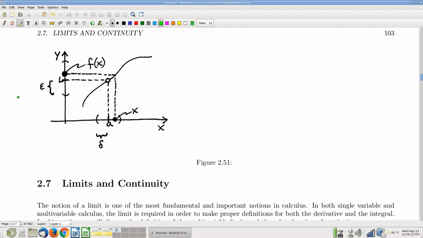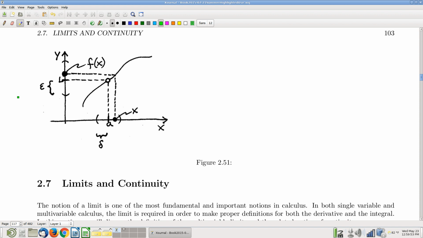The idea that was told to me one time is that if you look at a graph of a function and there's some point where the function's not defined, then as you get closer and closer to that point, the curve is getting closer and closer to some little missing gap point in there, and that's the limit. The problem with that as a definition is it's got a lot of hand waving in it. What is the difference between closer and closer? None of this is precise, so it's bad as a definition.